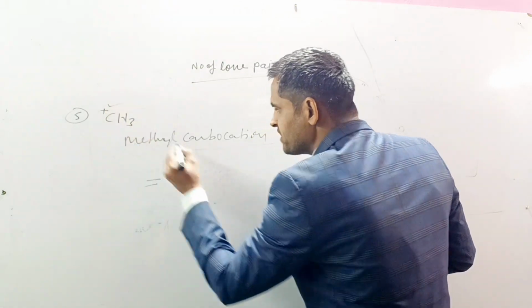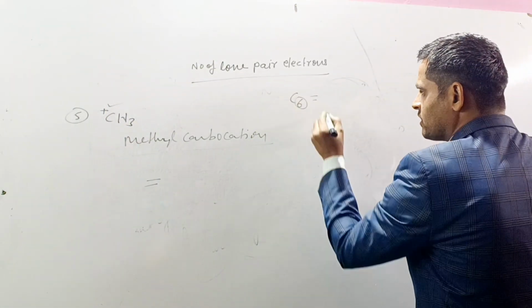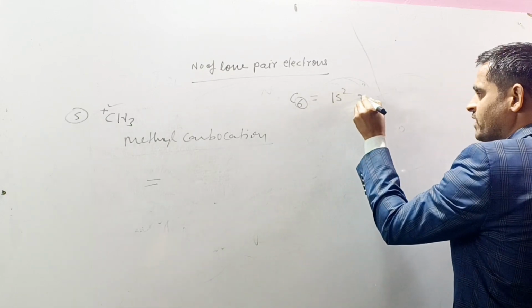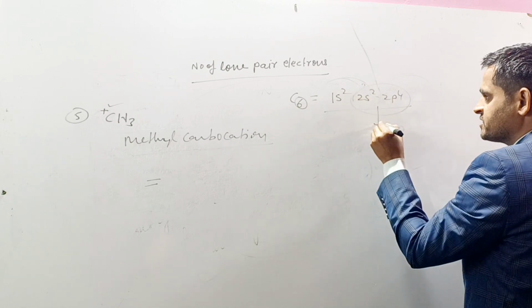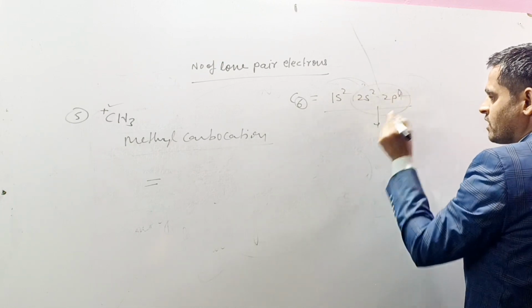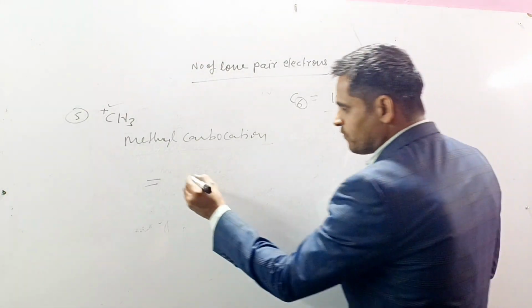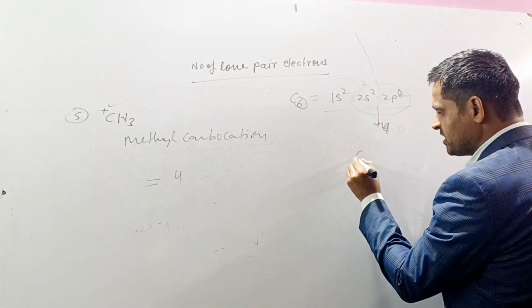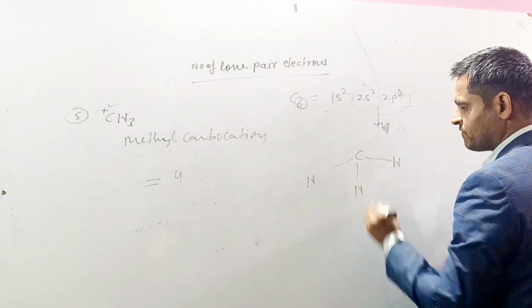Number of outer shell electrons in carbon: carbon has atomic number 6 and electron configuration 1s2, 2s2 and 2p2. The outer shell contains 4 electrons, so 4. And now the methyl is found in this shape.